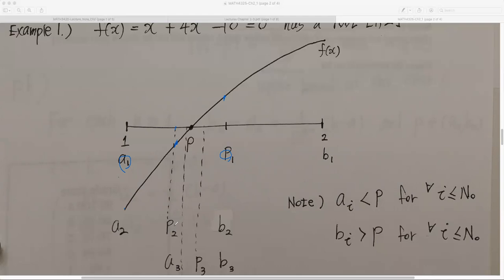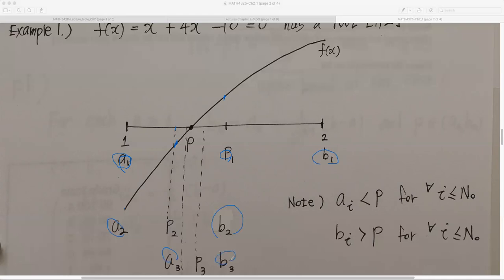So we set p2 as a3, and we use b2 as b3. Now we can see that the interval is just narrowing down, right? You see that? Starting from a1 and b1, then a2 and b2, and a3 and b3.